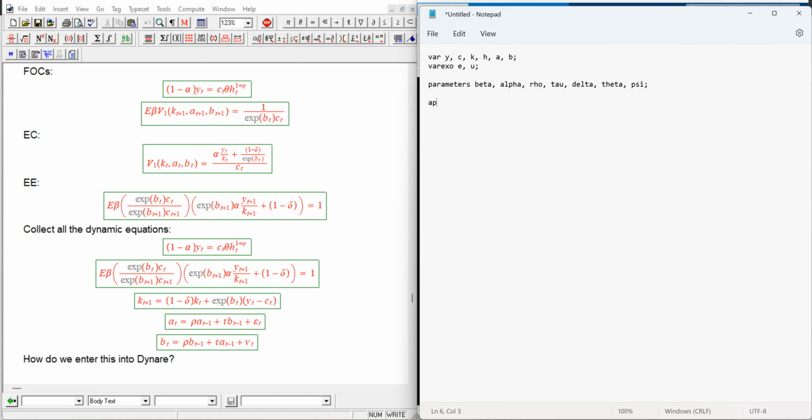So let's say alpha is 0.36, rho is 0.95. These are just values that we're using today. If you were actually programming this in a paper, you would need to come up with justifications for all your values.